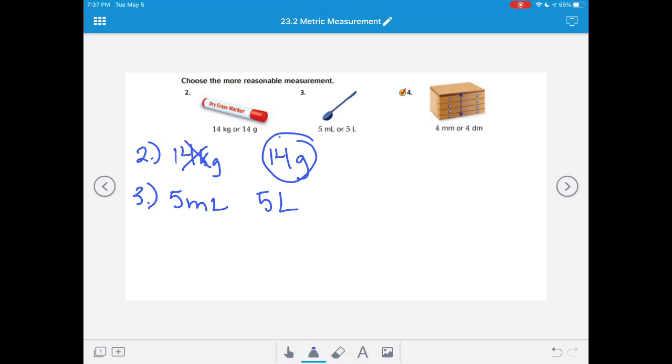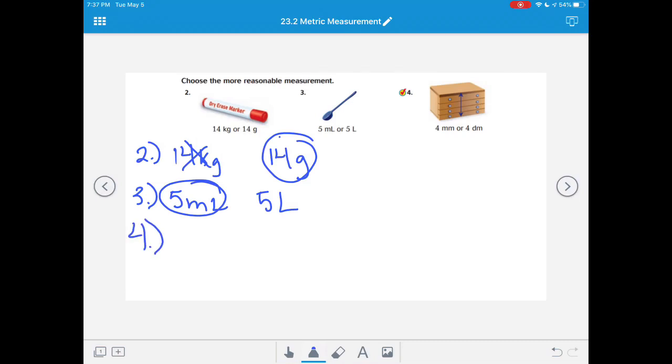They normally buy those big bottles of soda for those parties, right? Those are liters. So those big soda bottles that you can buy are liters. And so imagine what would be more appropriate, 5 milliliters or 5 liters for this little tiny measuring spoon. Milliliters would be much more appropriate.